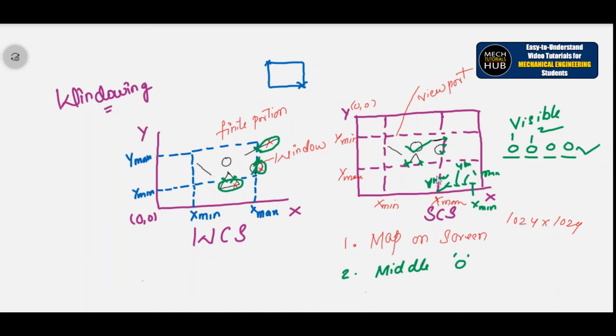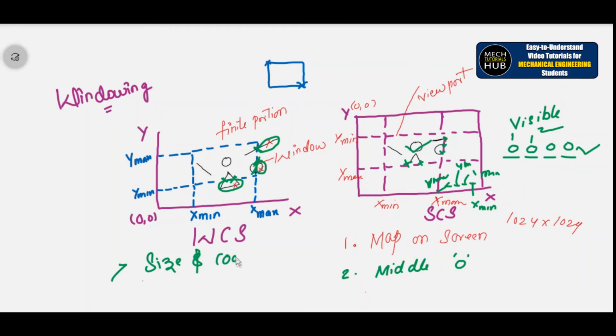So here the viewport is a part of the complete screen which comes exactly in the middle. The entity size and coordinates are different from the world coordinate system. For example, here the line, circle, triangle, another circle, and another line, some 5 different entities I have taken. Once you drag or select them with the help of a window, when it comes to the screen coordinate system, the sizes will not be the same.